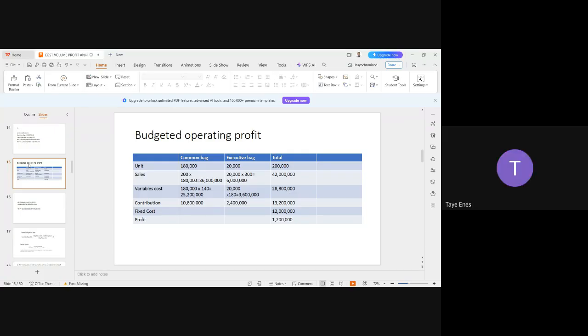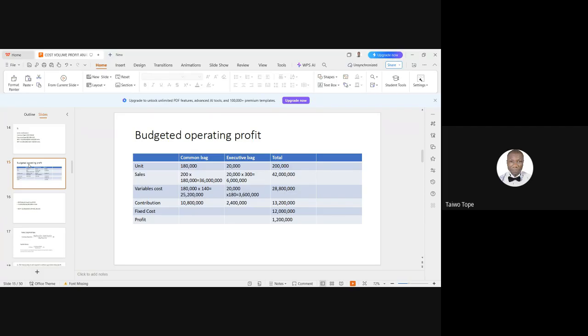So what is the ratio in terms of the break-even in sales? 0.857.